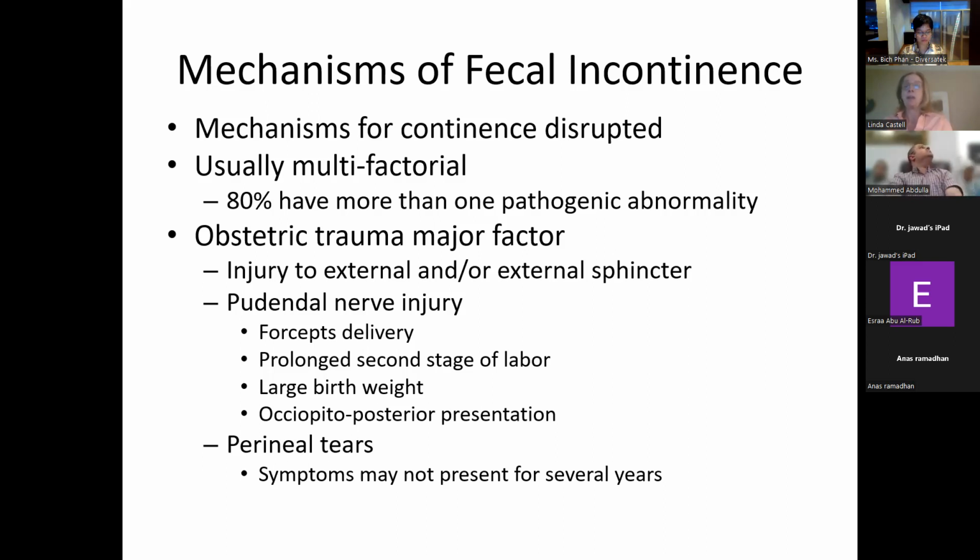The large birth weight or a large head will cause a lot of obstetrical injuries, and then also the occipital posterior presentation can cause a little bit of injury to the pelvic muscles. Also, perineal tears, so the 3rd and the 4th degree tears can cause fecal incontinence.